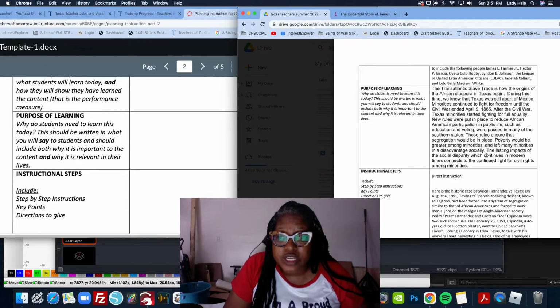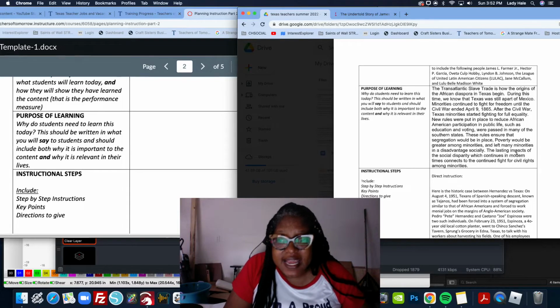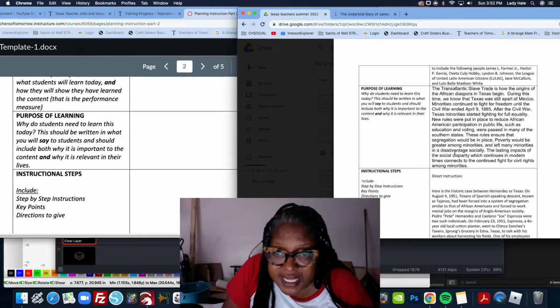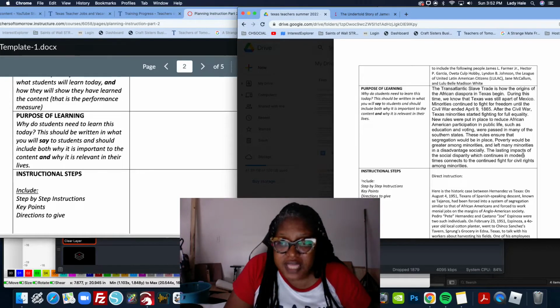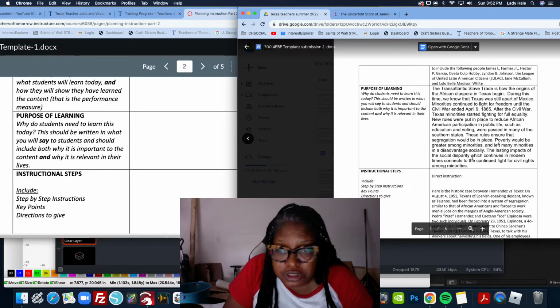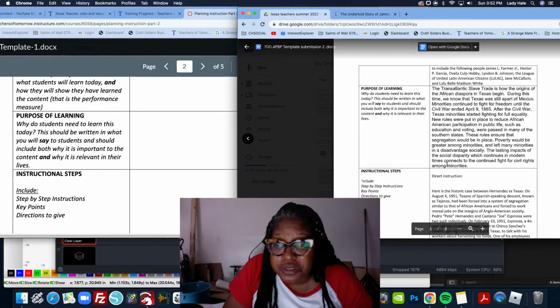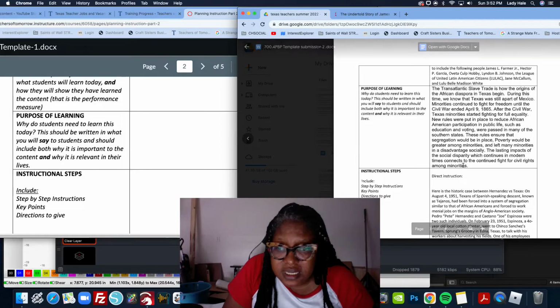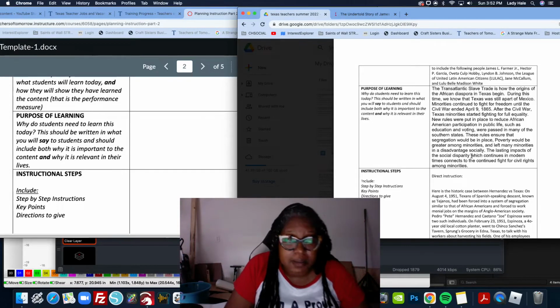These rules ensured segregation would be in place, poverty would be greater among minorities, and minorities would be left at a social disadvantage. And I said the last impacts of social disparity continue in modern times and connect to the continued fight for civil rights among minorities, right?